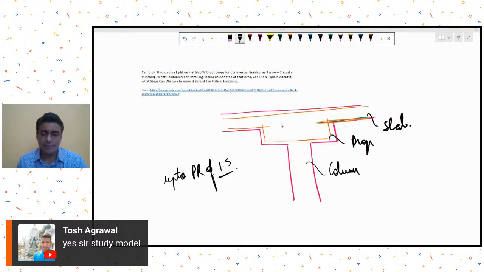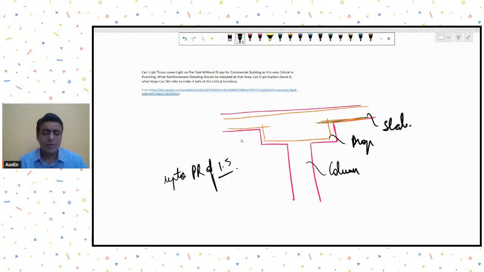That is what our code tells us. Which code? IS 456. You go to shear in flat slabs, there you will get this. In one of our courses on flat slabs, we have discussed this issue in great detail. So up to a punching ratio of 1.5, you are able to provide it.